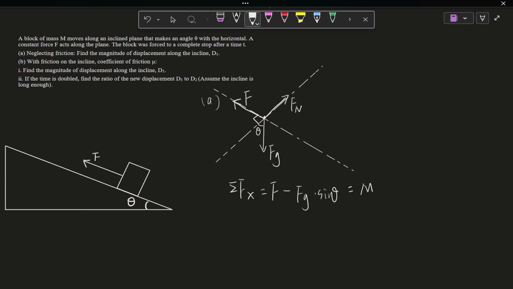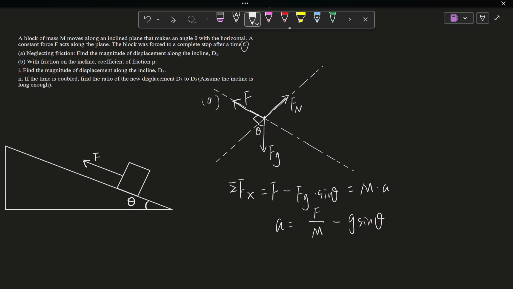Okay, and then we can get a is equal to, I'll make it look a little bit better, F over m minus g sine theta. This is your acceleration along the slope, and then you want to find the displacement, right?